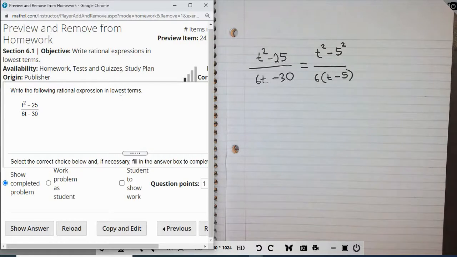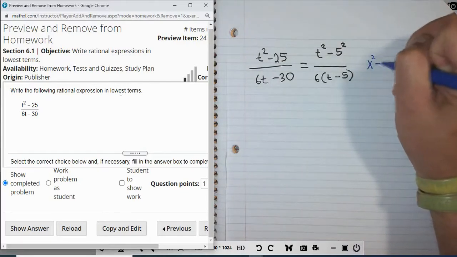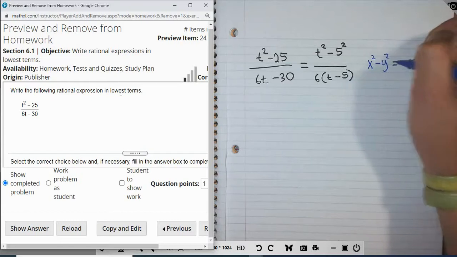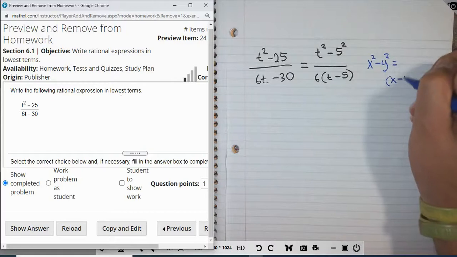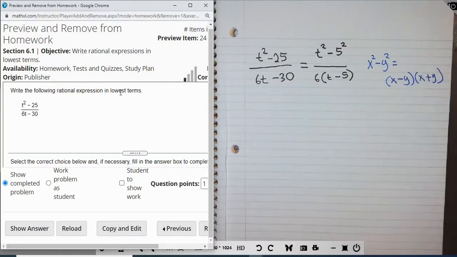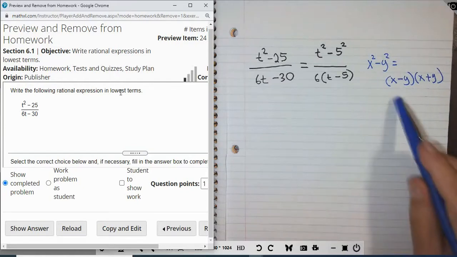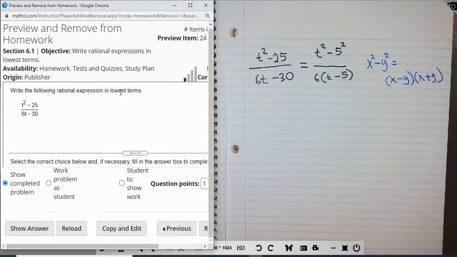And then we're going to draw upon a little bit of knowledge from chapter 5 here. Remember, the way to factor a difference of squares was x minus y times x plus y. Basically, the square root of the first minus the square root of the second, times the quantity square root of the first plus the square root of the second.